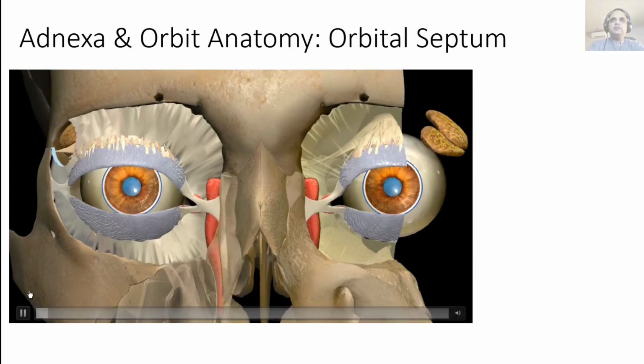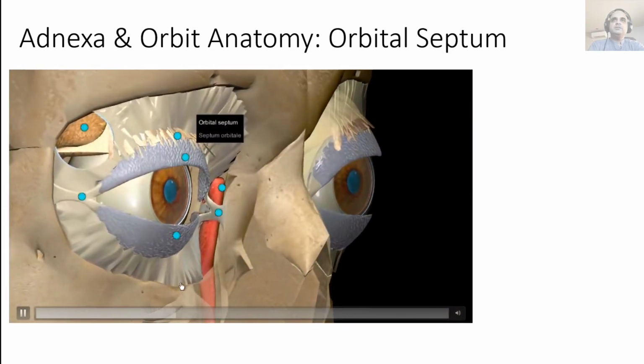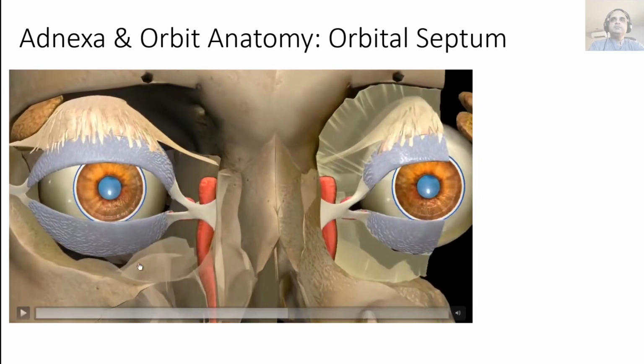Let's start this animation, and we'll see that this orbital septum is continuous around the margins of the bony orbit. It has some openings, for example here for the lacrimal gland. If I remove the orbital septum, you can see that behind it are the orbital tissues.